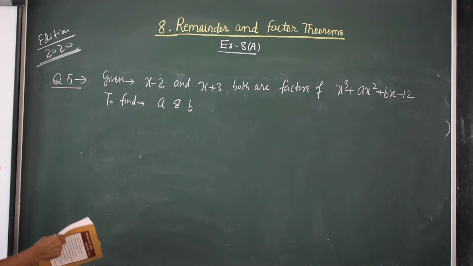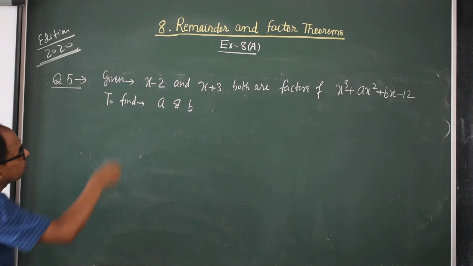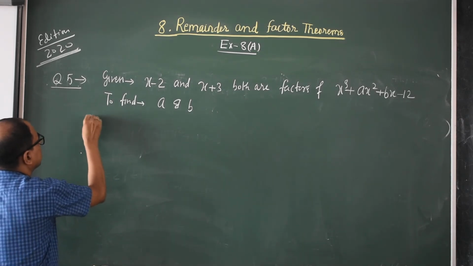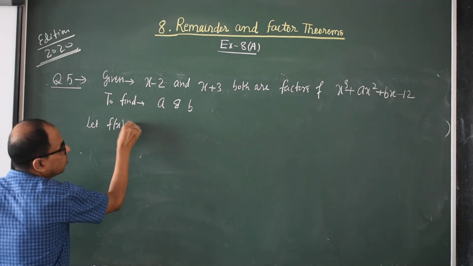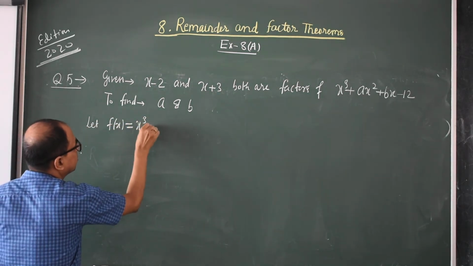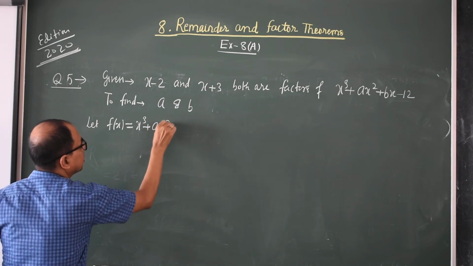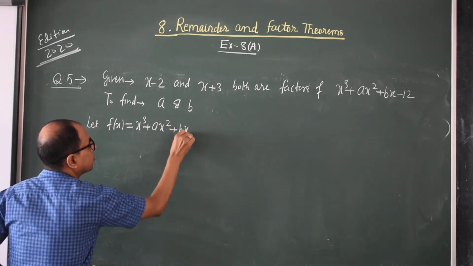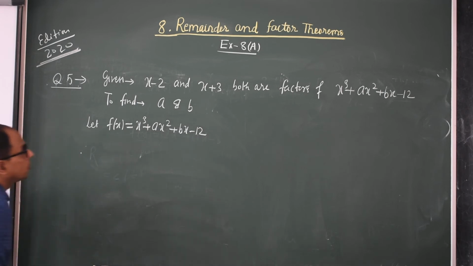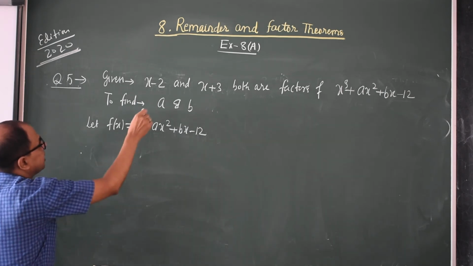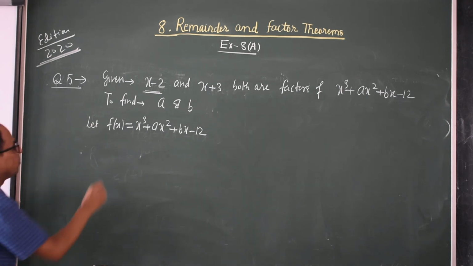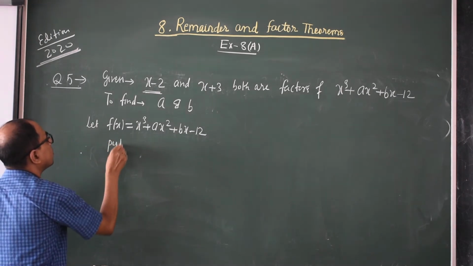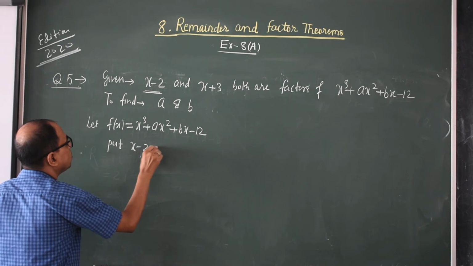Now, here the given polynomial is, so let f(x) be equal to x cube plus ax square plus bx minus 12. Now since x minus 2 is a factor here, put x minus 2 equal to 0.